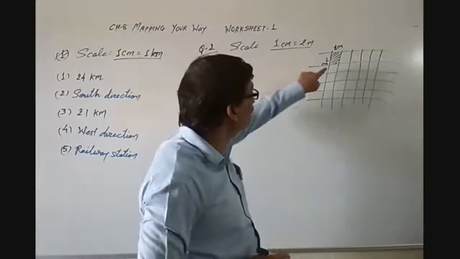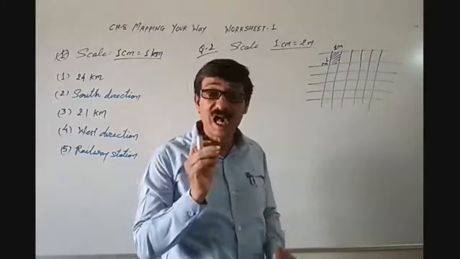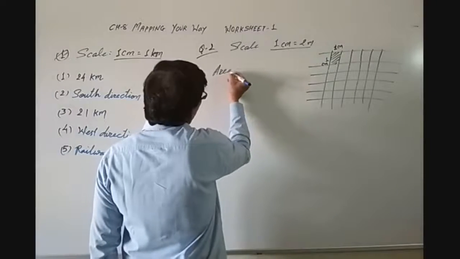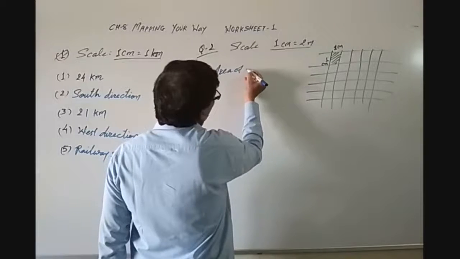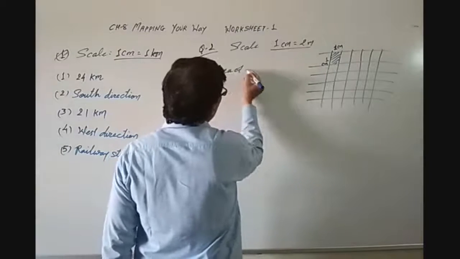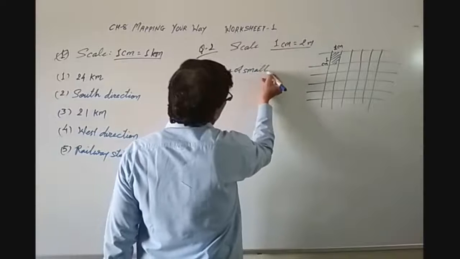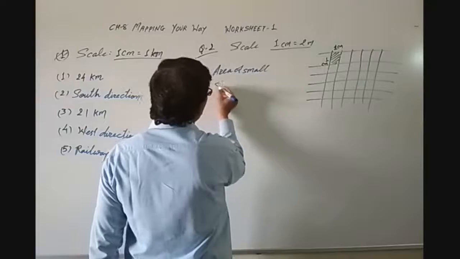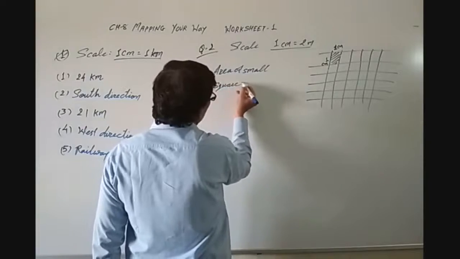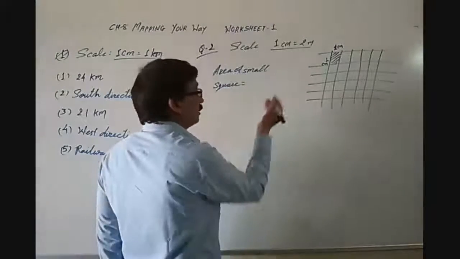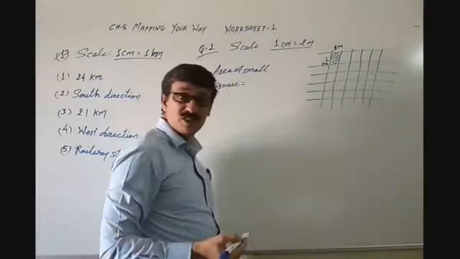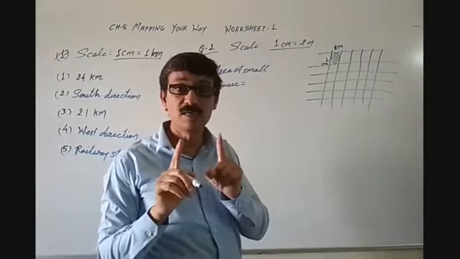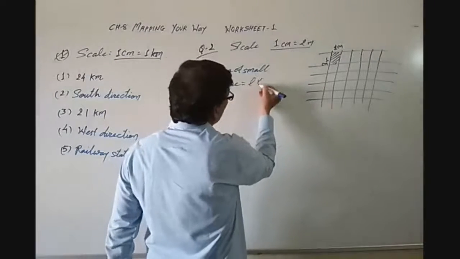So area of this small square, or grid square, is equal to, we know the formula, length multiplied by breadth.